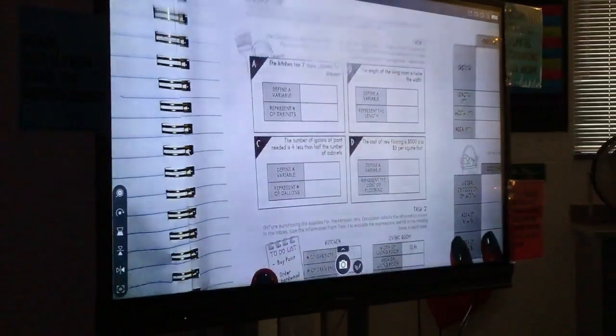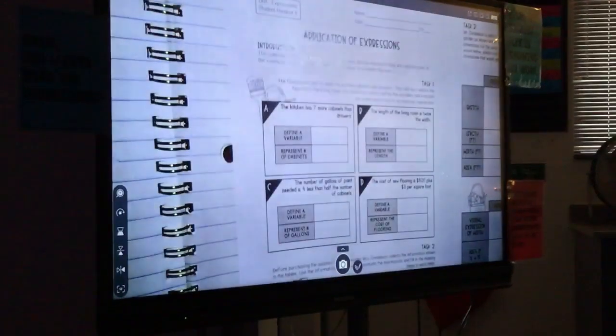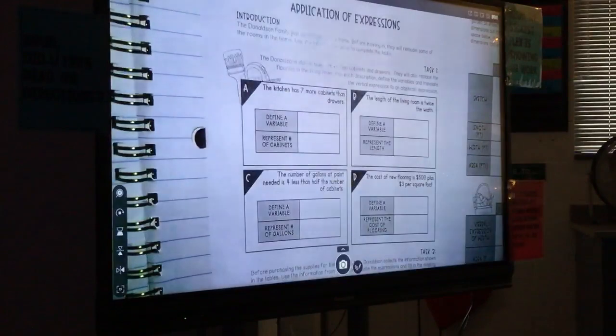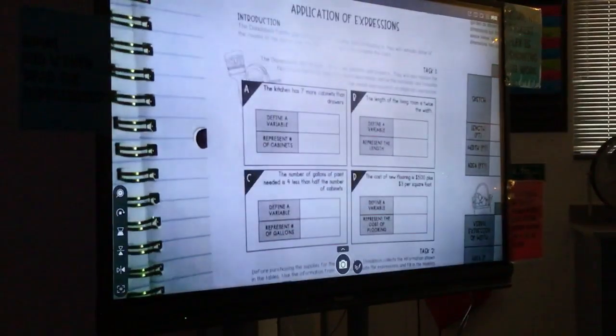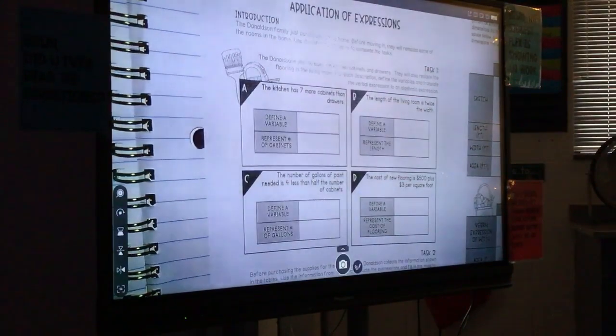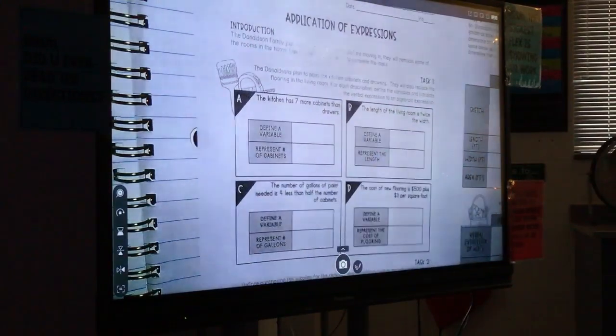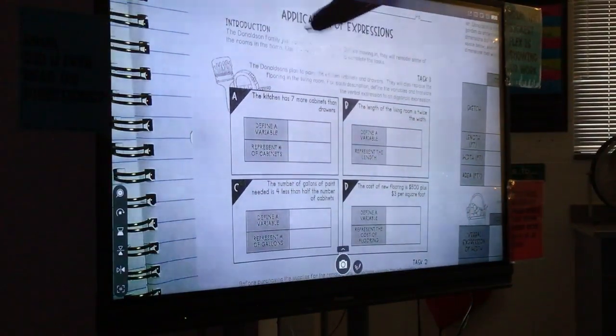All right. So again, this is really going to make us think. We're going to have to use a lot of different information to solve these problems. Also, this is from the basics of being able to translate an expression all the way to applying it in a problem. So it says, the Donaldson family just purchased a new home.